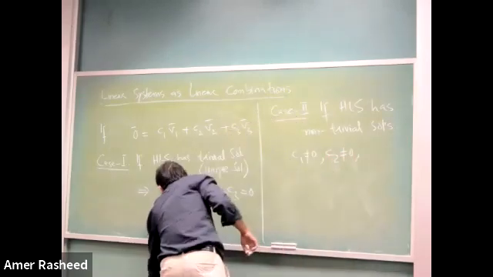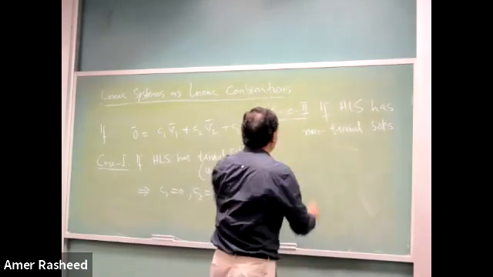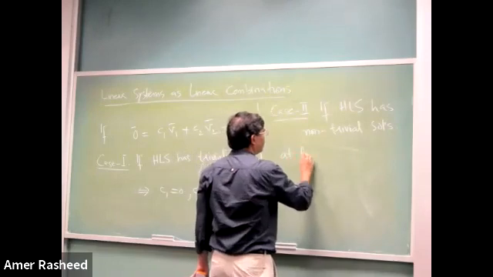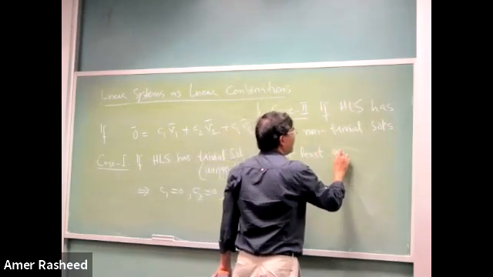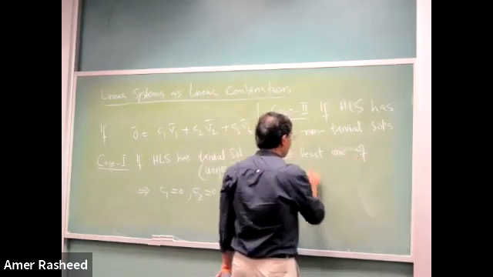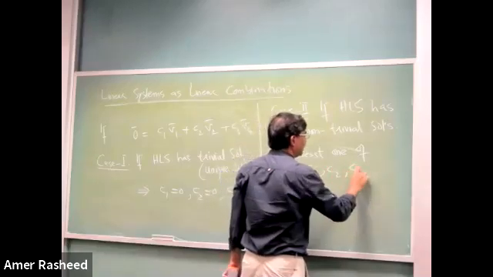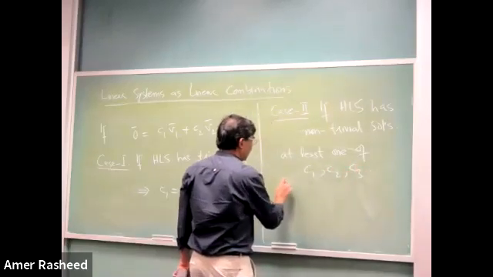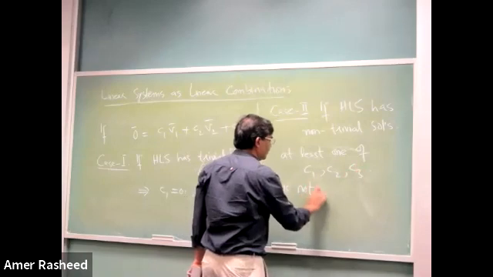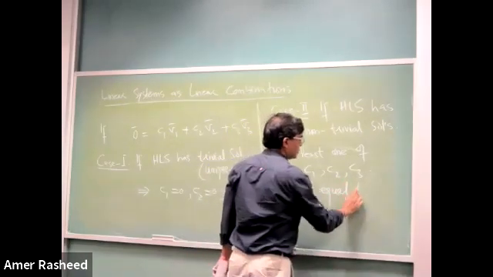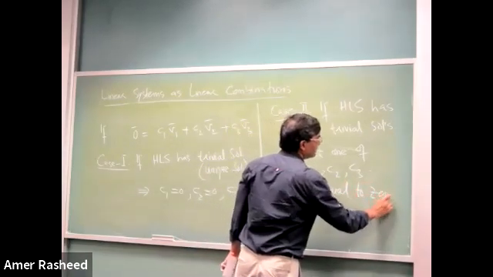You should not say that; you will say that at least one of C1, C2, and C3 is not equal to 0. Anyone?